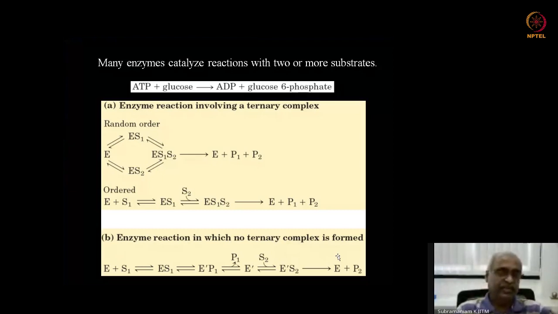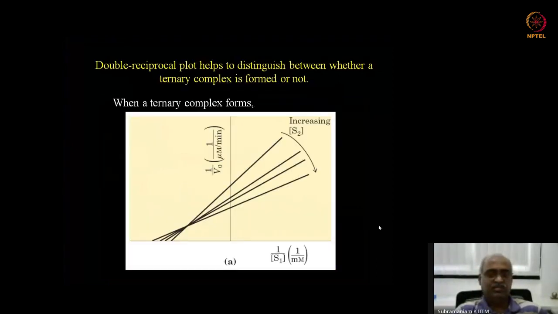And fortunately, the difference between whether it involves a ternary complex or not can be readily recognized using the kinetics that we saw so far. So this will be the way the double reciprocal plot, or the Lineweaver-Burk plot, looks for an enzyme that involves ternary complex formation. Here each individual line you already understand, that is, reciprocal of the substrate and velocity are plotted.